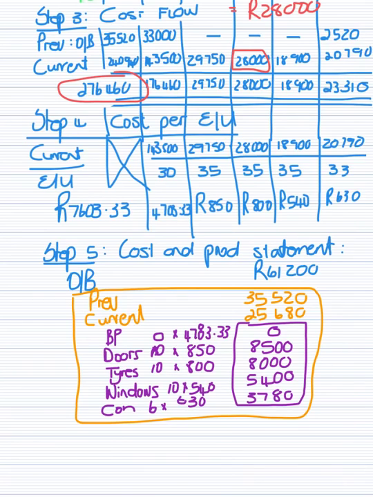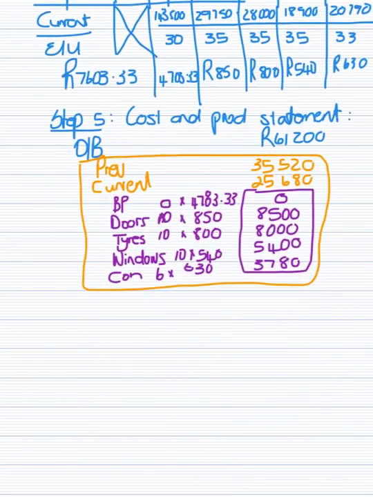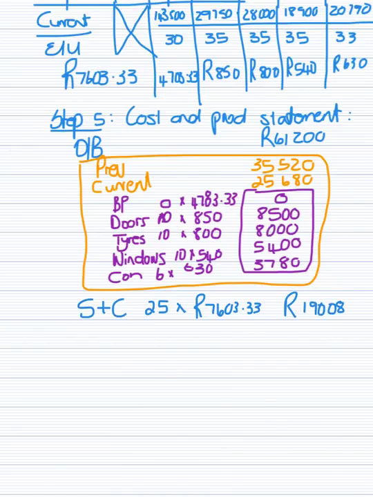So when we now look at the next grouping of units, it is my units started and completed. Remember we said it is 25 cars, multiplied by the total cost per unit, which gives 190,083.25.